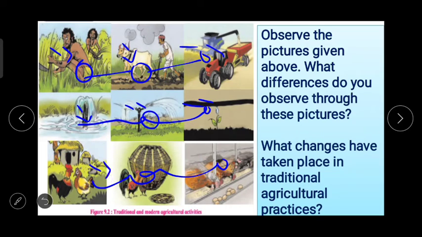Here also for poultry, एक घर में रखा गया फिर उन्हें अलग तरीके से रखा गया, and here poultry farming is being done with advanced technology. So in these pictures we see the changes in agricultural practices.